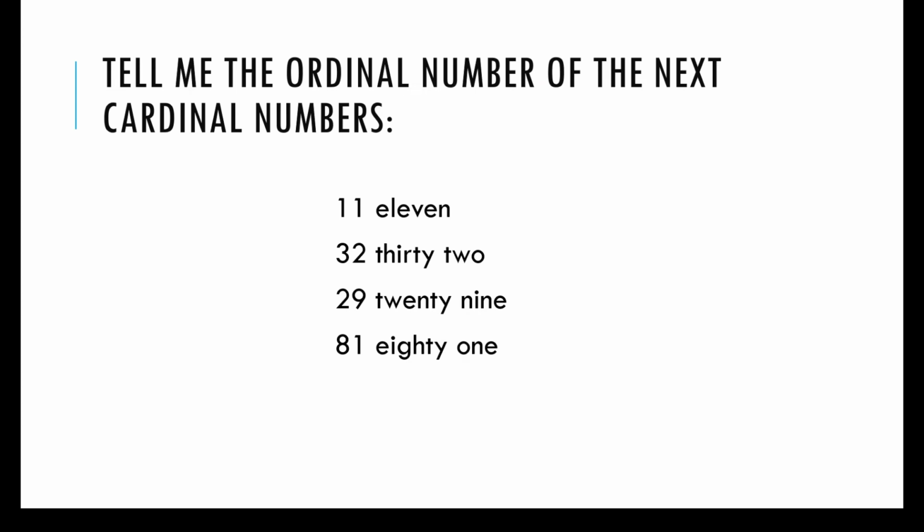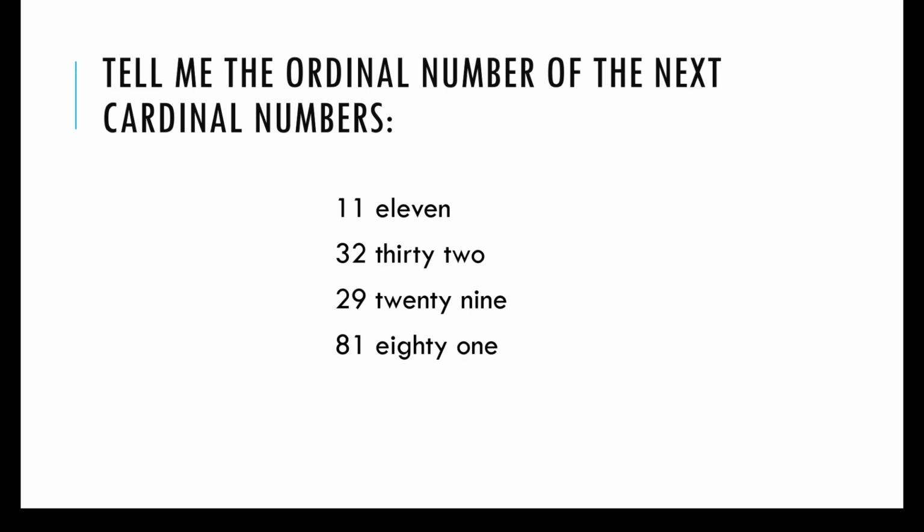And finally, I need that you please tell me the ordinal number of the next cardinal numbers. So here we have 11, 32, 29, and 81. So 11, tell me the ordinal number. 11th, excellent.